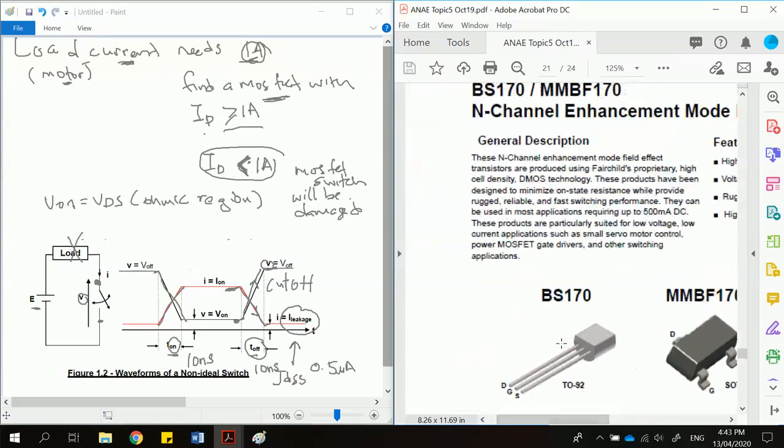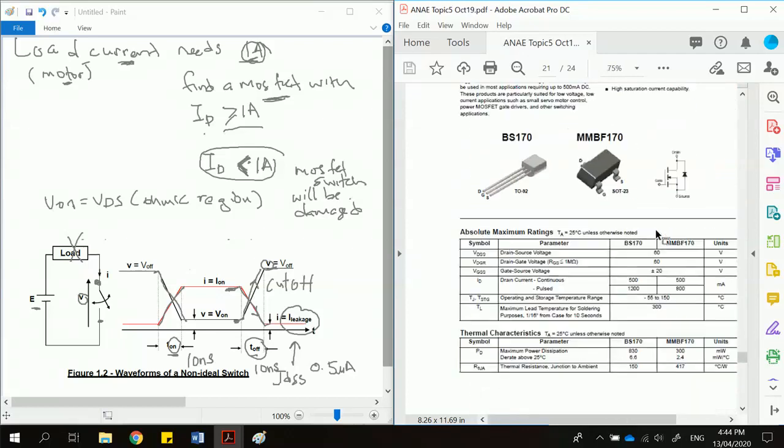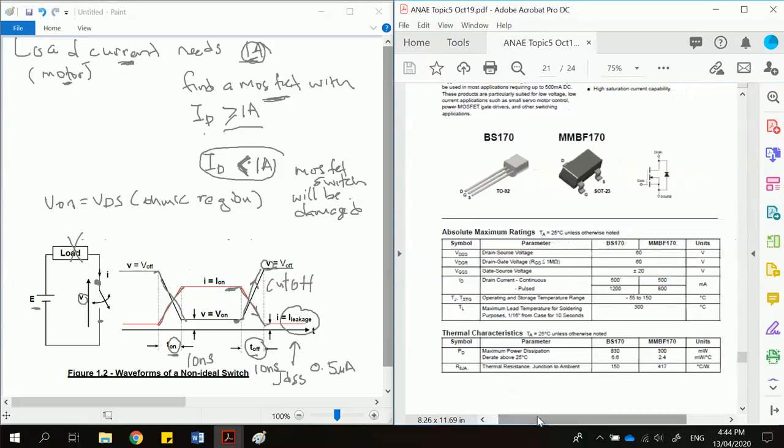It says they can be used in most applications requiring up to 500 milliampere DC. So this one is referring to drain current. This description might be unclear. To talk about drain current, if we scroll down, the table will tell us clearly.